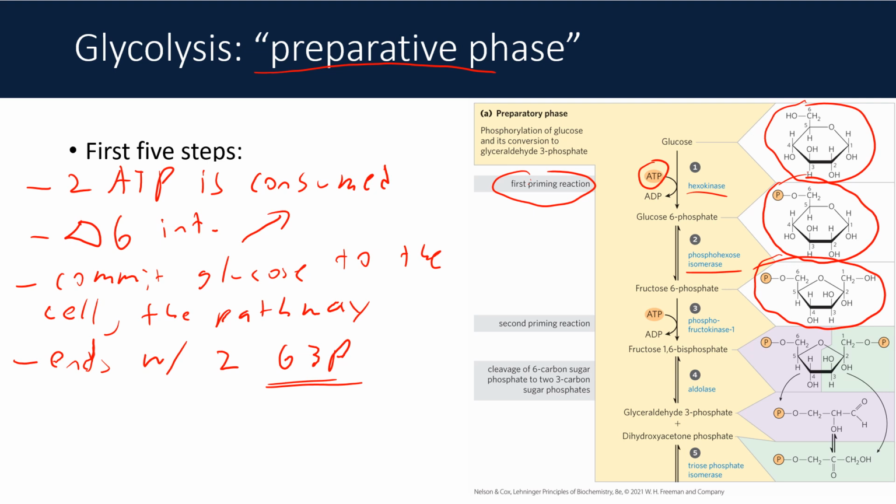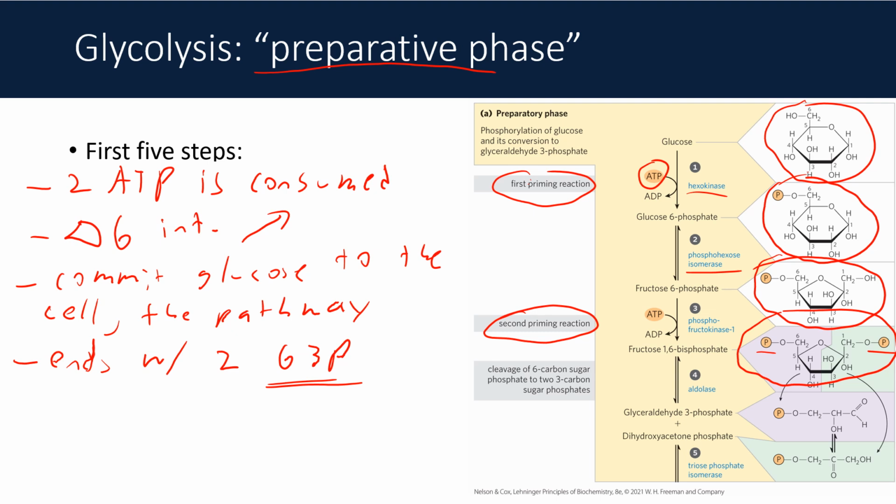The third step is the second priming event, where we will take another equivalent of ATP and activate the hydroxyl on the 1 carbon as well, giving us fructose 1,6-bisphosphate. This has the added benefit of making the molecule more or less symmetric. We will have a phosphate on both quote-unquote halves.